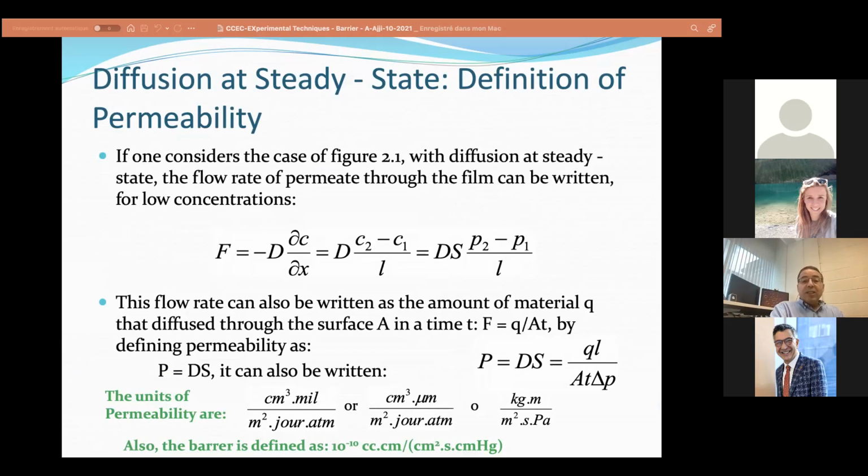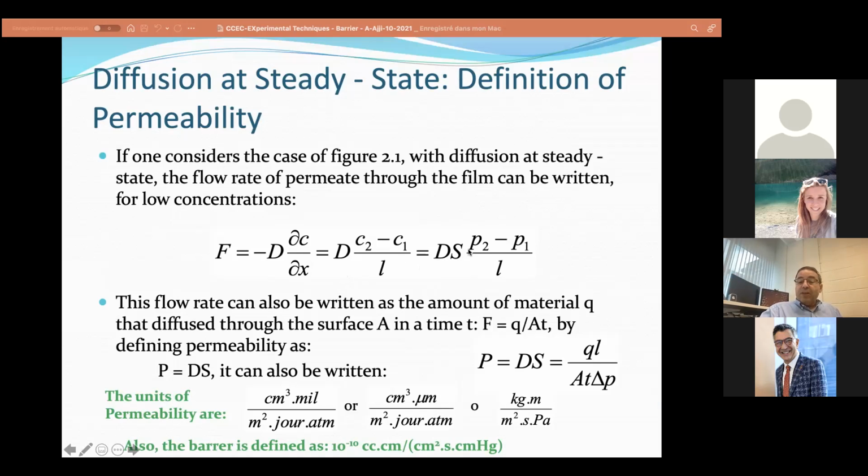If you use, for example, Henry's law, the relationship between partial pressure and concentration, then you can write it in the form shown here, as the product of the diffusion coefficient and the solubility.